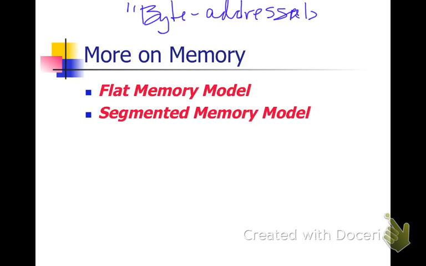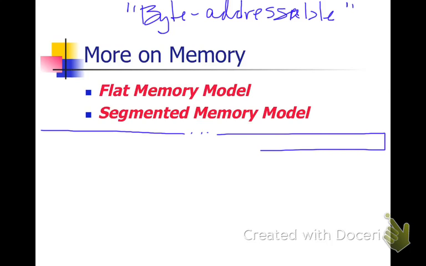Each byte has its own memory address. So first of all, let's talk about the flat memory model. Let me just draw you a picture. Let's say we start memory here, and at some point we're going to have a whole bunch of memory that we don't see. Remember, we said it is linear.